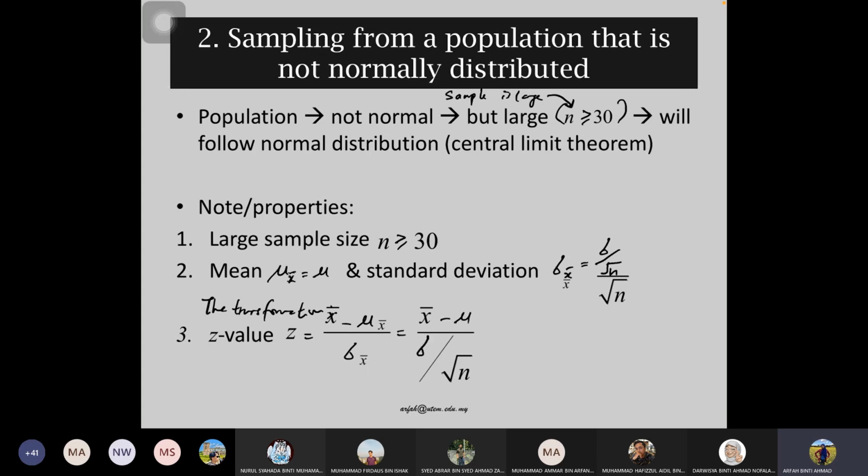Okay, so this is the transformation. So basically kalau sample size large enough, dia akan jadi sama je dengan population that is normally distributed.